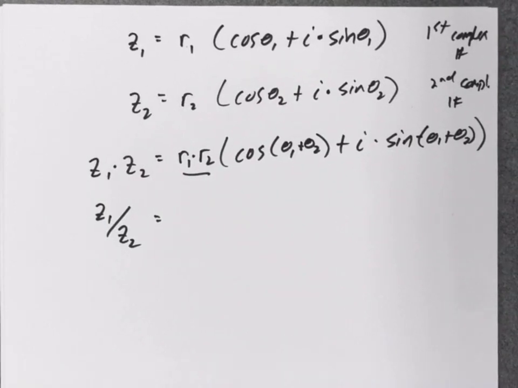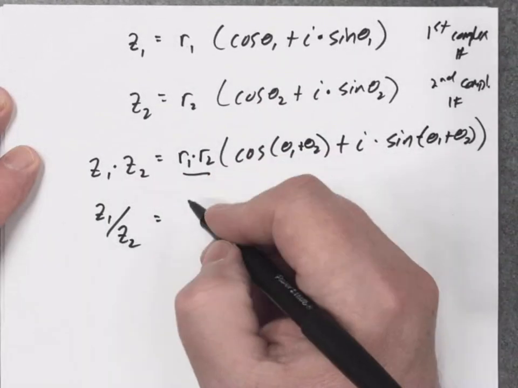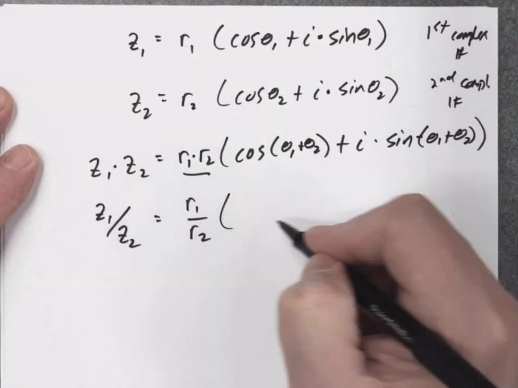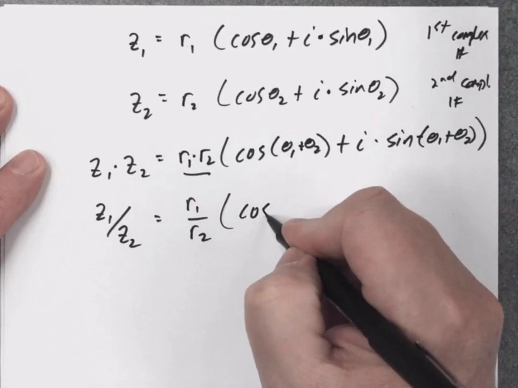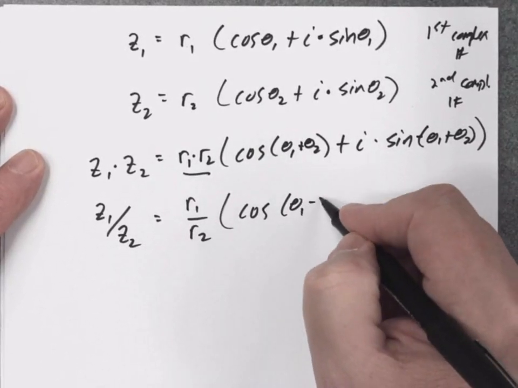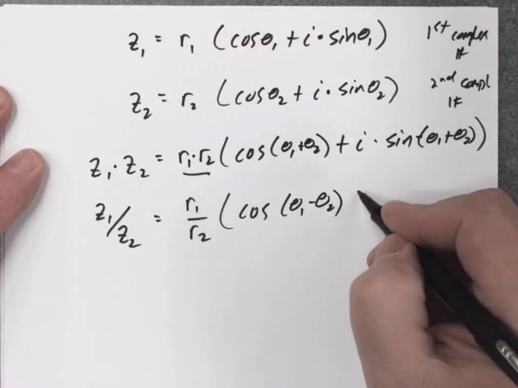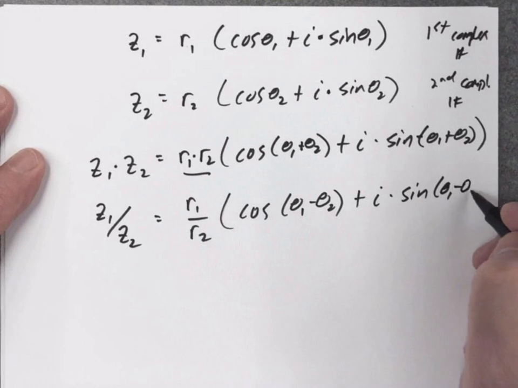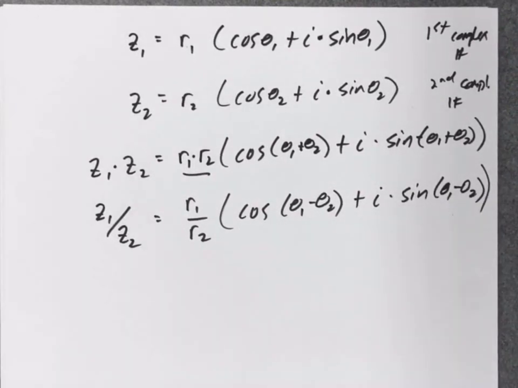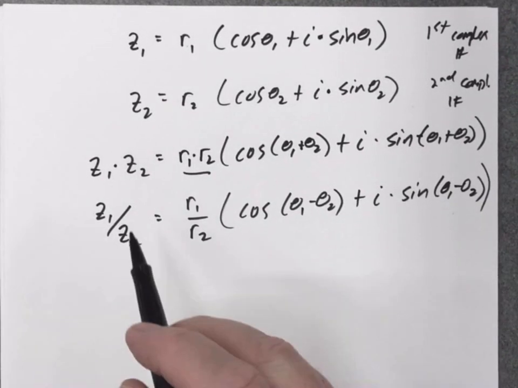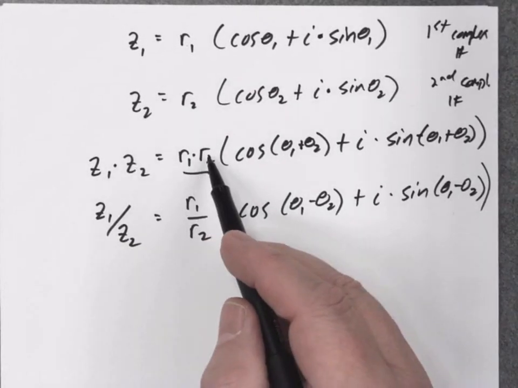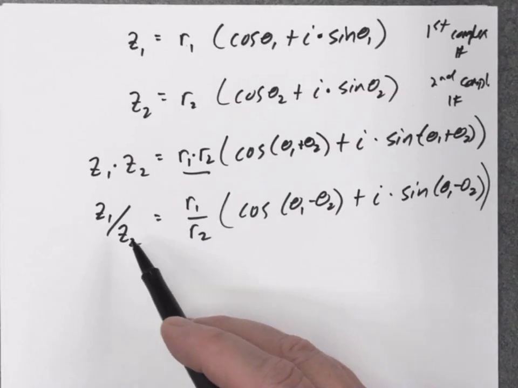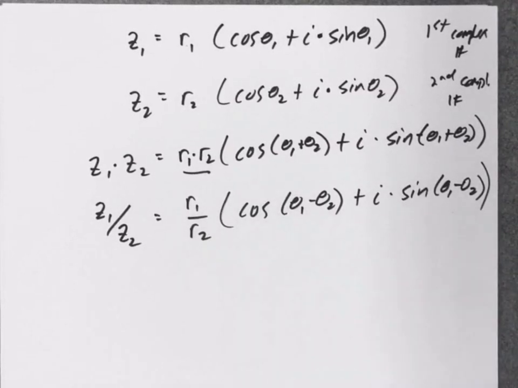Now the formula for dividing complex numbers is you take r1 divided by r2, and then for the cosine, you take theta 1 minus theta 2, plus i sine theta 1 minus theta 2. So when you multiply two complex numbers, you multiply the r's and you add the angles. When you're dividing two complex numbers, you divide the r's and you subtract the angles.